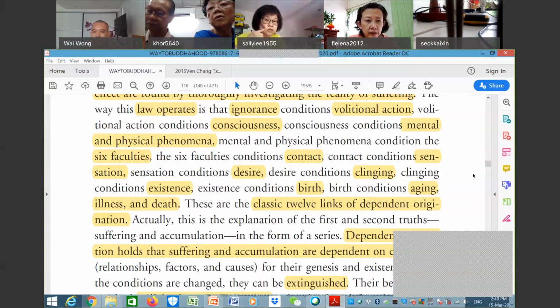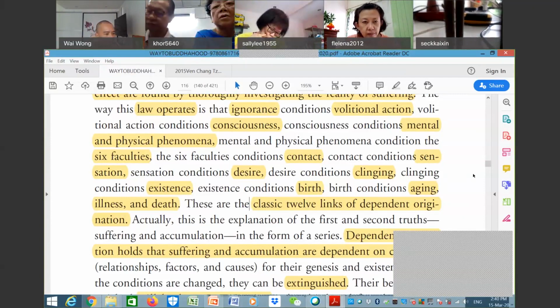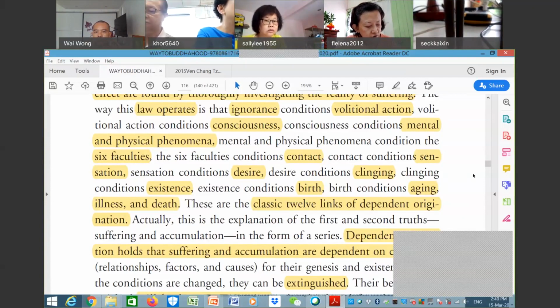Can I just ask, the 12 links of dependent origination is ignorance, volitional action, consciousness, mental and physical phenomena. Mental and physical phenomena is considered one.